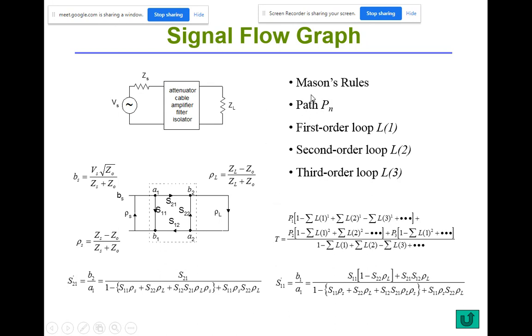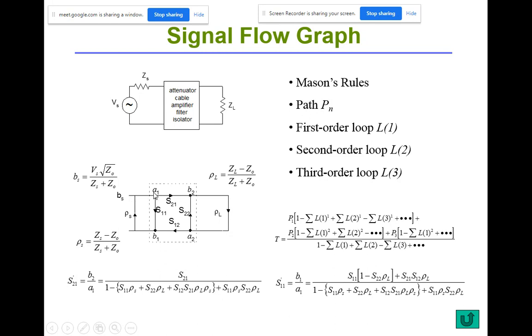So if you apply Mason's rule, first we need to define what is path gain, PN. If you want to find S21, S21 means B2 divided by A1. So you want to find how many ways are there for signal to go from this node A1 to B2?